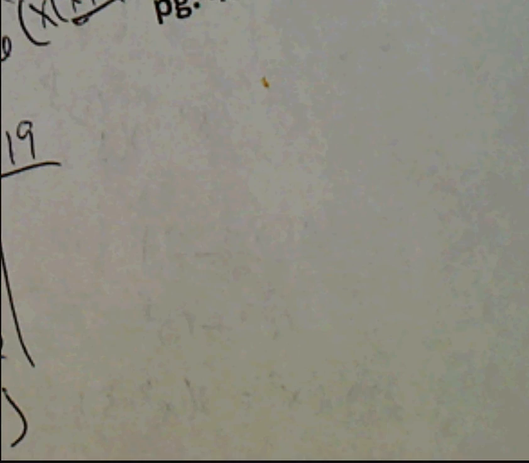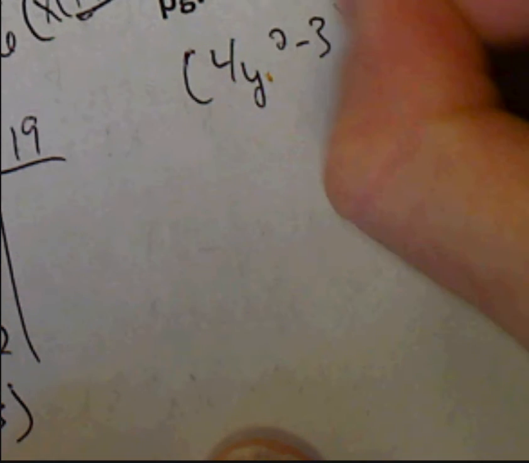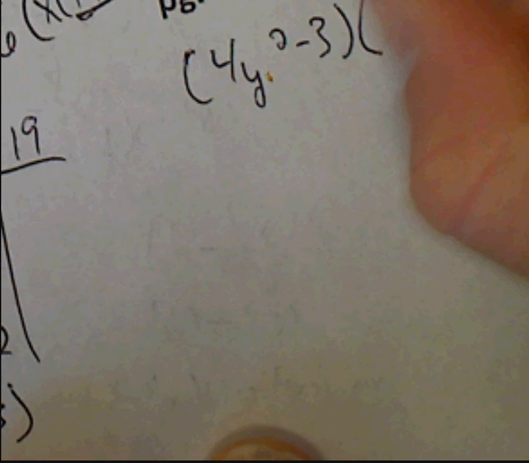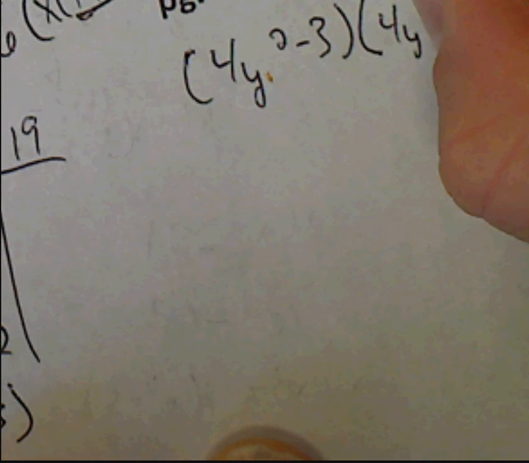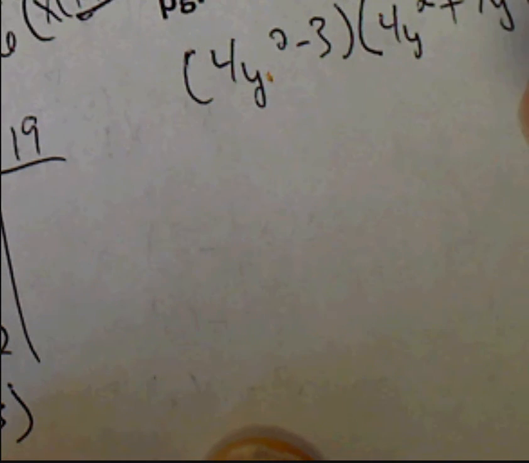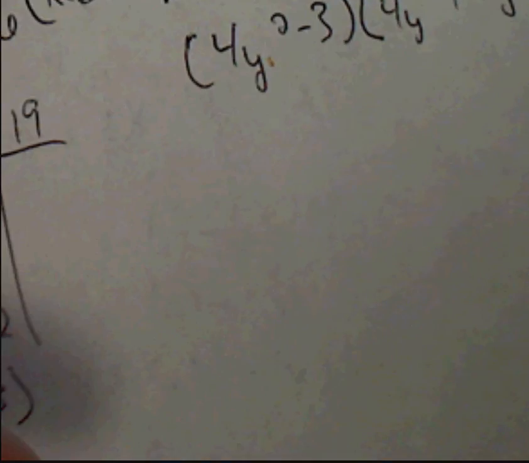Page 483, number 9. I'm given 4y squared minus 3 and 4y squared plus 7y plus 2, and they ask me to find the product.